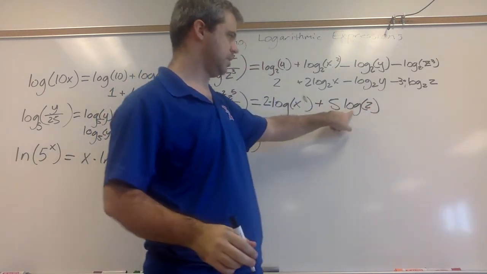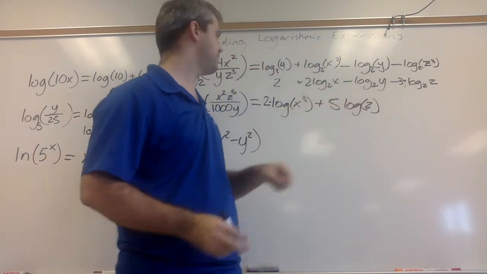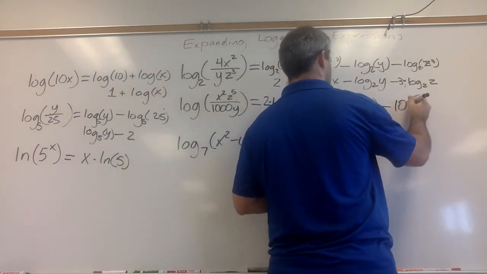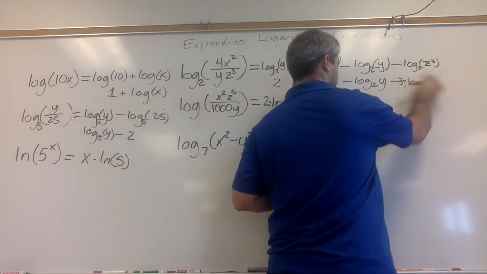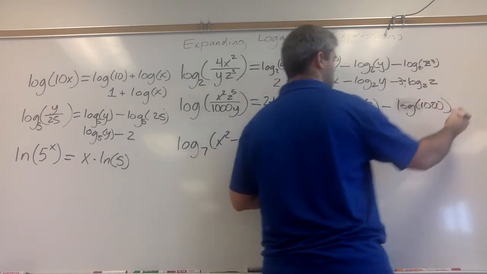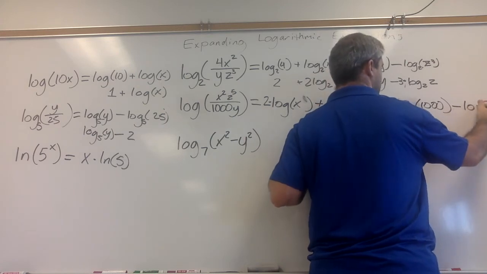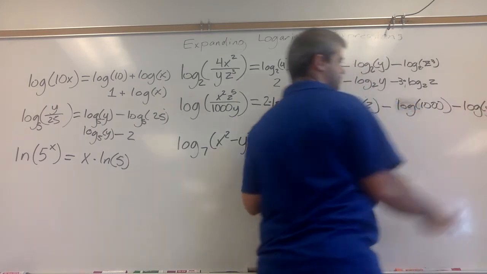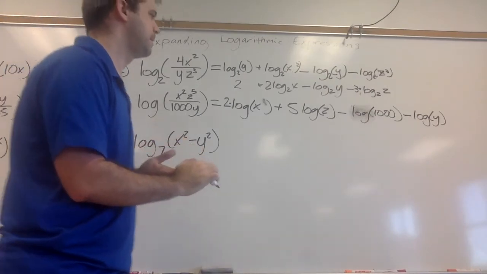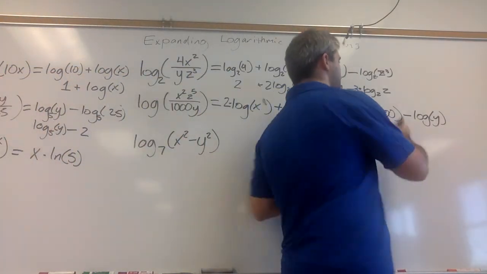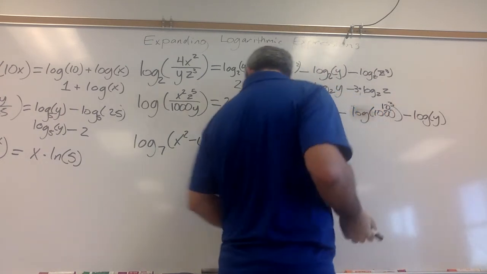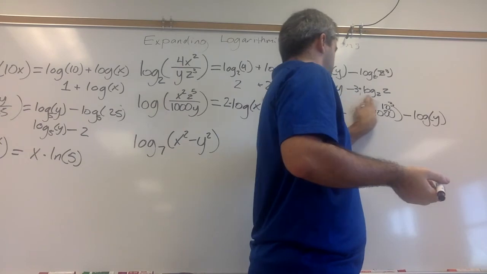Again, I could have written log z to the fifth, but we can go ahead and move that guy out. These are on bottom, so I'm going to subtract. Log 1,000 minus log y. All right. And log of 1,000, this is 10 to the third. So this is going to actually simplify to just 3.